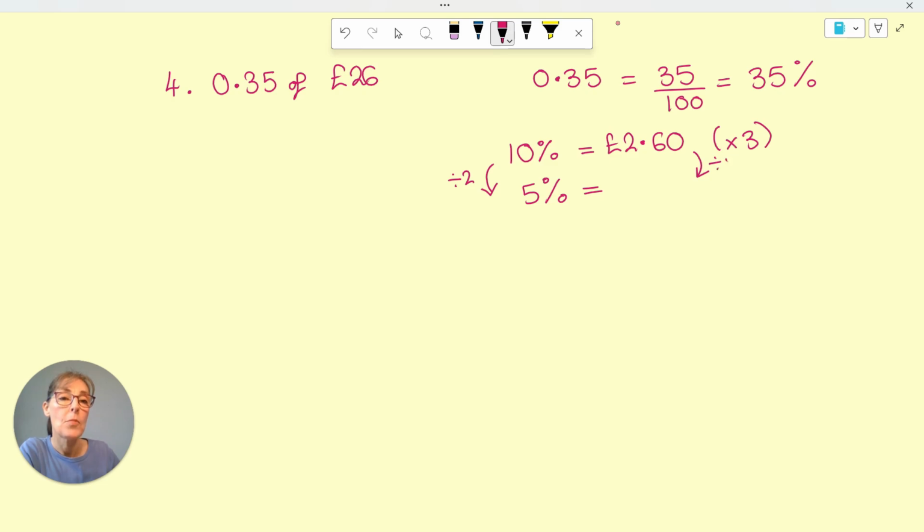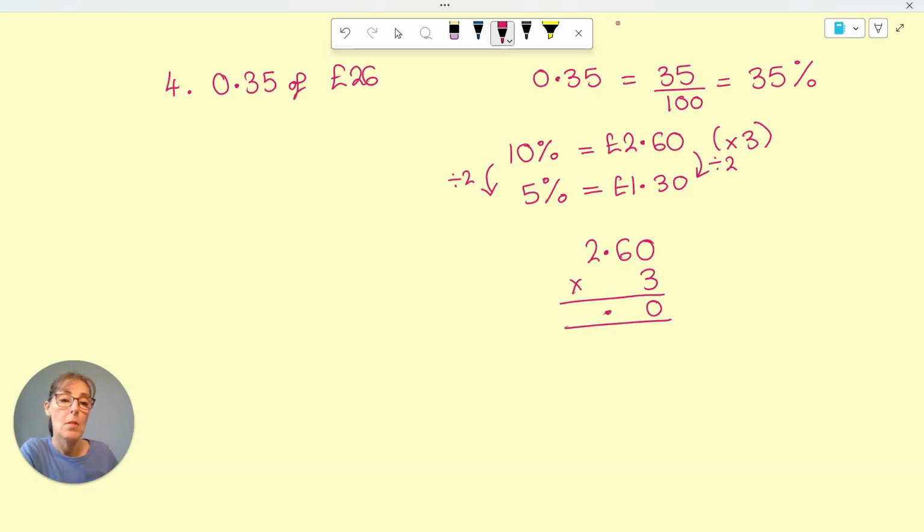So half of £2.60 is £1.30. So I want 3 10s of 30 and 1 5. So I need £2.60 multiplied by 3.